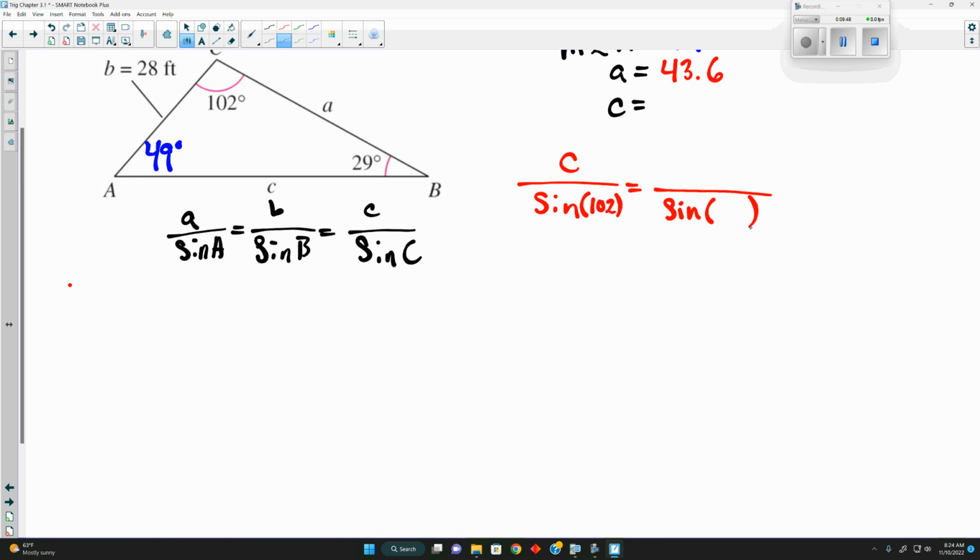Now I need to pick the side and angle opposite it that I want to set this equal to, yes? Personally, I pick the same thing every time. Because what did we use the first time? Side length B and angle B, yes? And I will pick this again, 28 and 29.